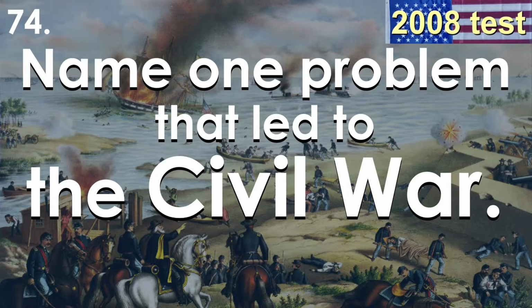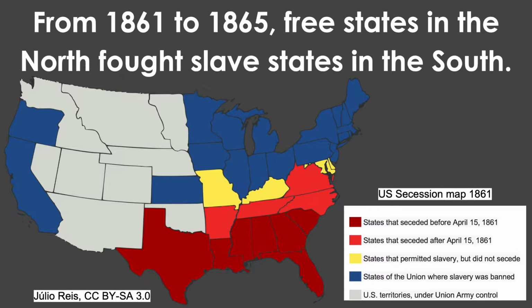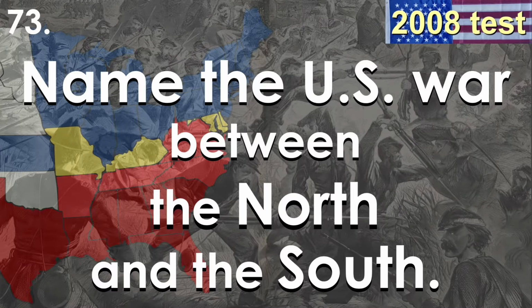Name one problem that led to the Civil War. Slavery. From 1861 to 1865, free states in the North fought slave states in the South. Name the U.S. war between the North and the South.